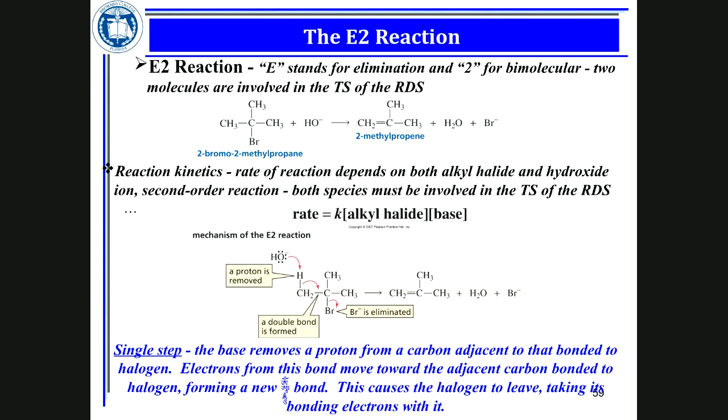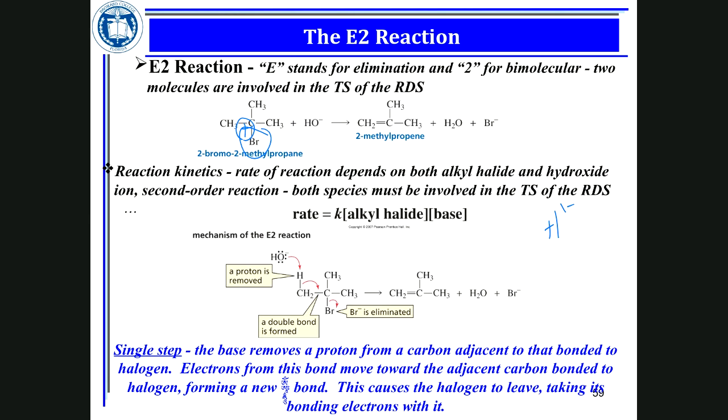So when this halide leaves, you end up with a carbocation here. You have two choices: either replace the leaving group with the nucleophile, or remove a hydrogen from the adjacent carbon. You are removing hydrogen, not hydride, you are removing H+.